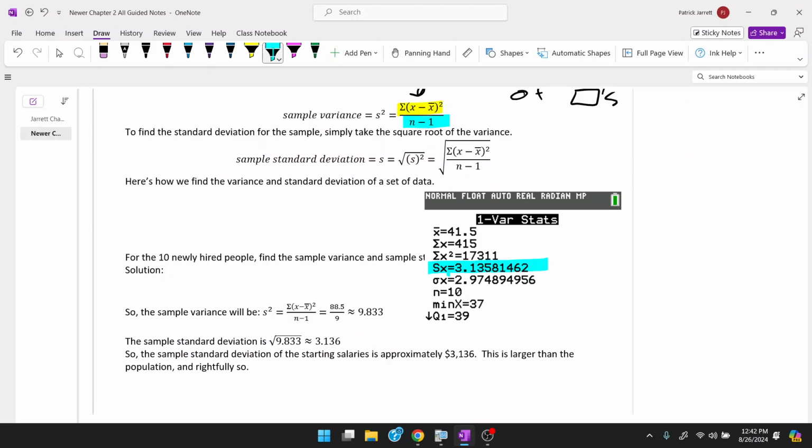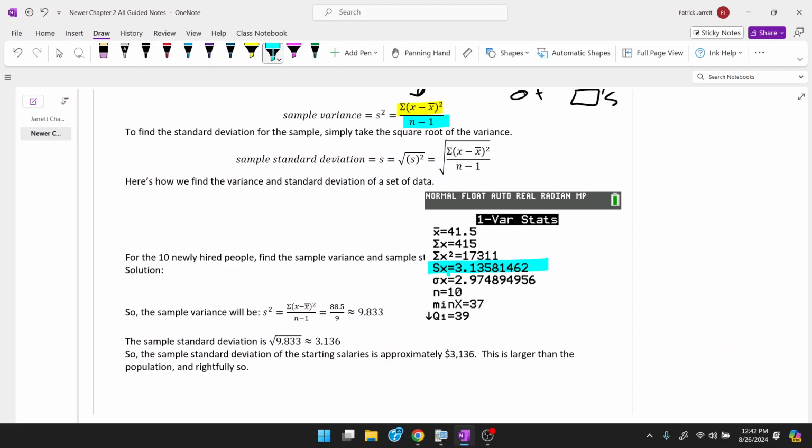But the sample variance is obviously going to be a little bit larger than the population variance. And the simple reason why, we're going to see it in much better detail when we get into hypothesis testing and confidence intervals. But it's going to give us a more conservative estimate.